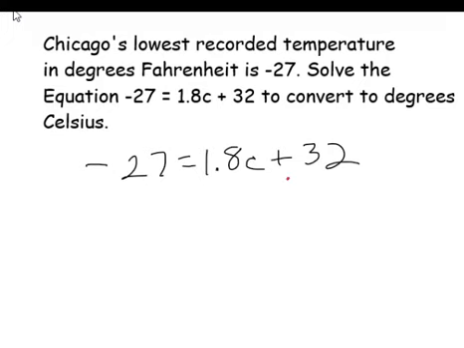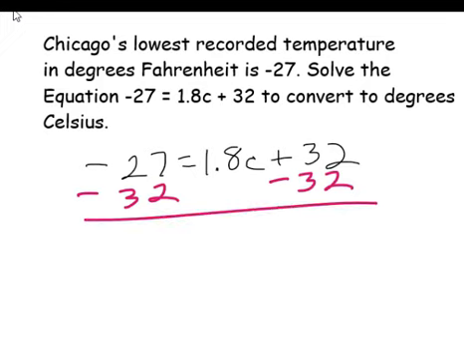A positive 32, I know a negative 32 would make it 0. And of course, whatever I did on this side, I must do it to the other side of the equation. So that's negative 32. Okay? So this equals 0. So what I have left on this side of the equation is 1.8 times C equals, now here, be very, very careful.